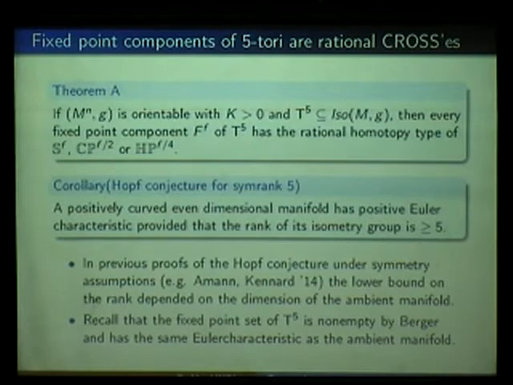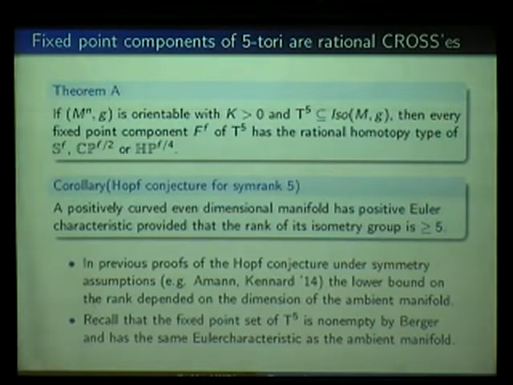And okay, in odd dimensions, there's a small lie involved, because it could be that the fixed point component is not simply connected, but then you just pass to the universal cover, right?